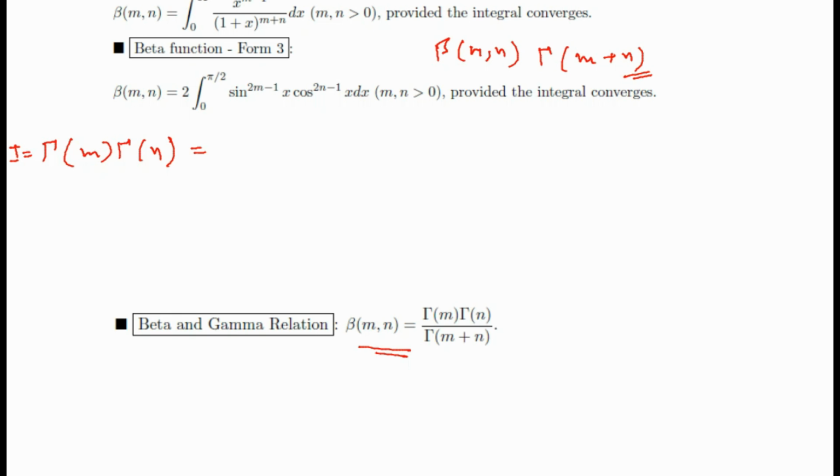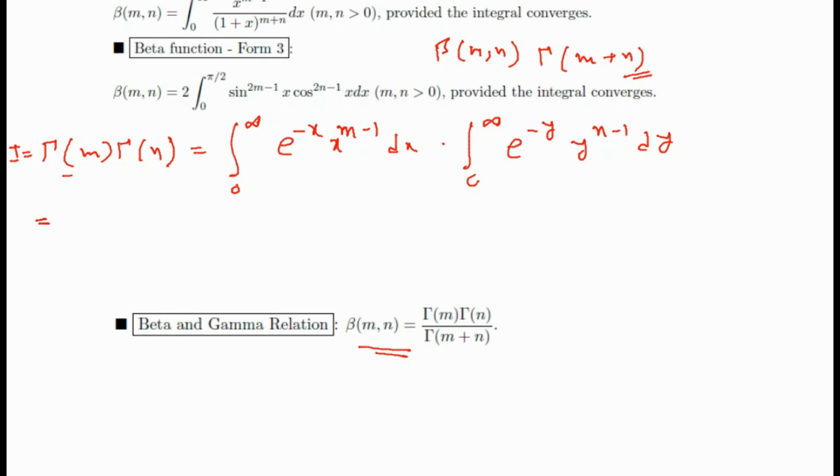That we have to show. So from here gamma(m), so 0 to infinity e to the power minus x and x to the power m minus 1 dx into gamma(n), 0 to infinity e to the power minus y y to the power n minus 1 dy.